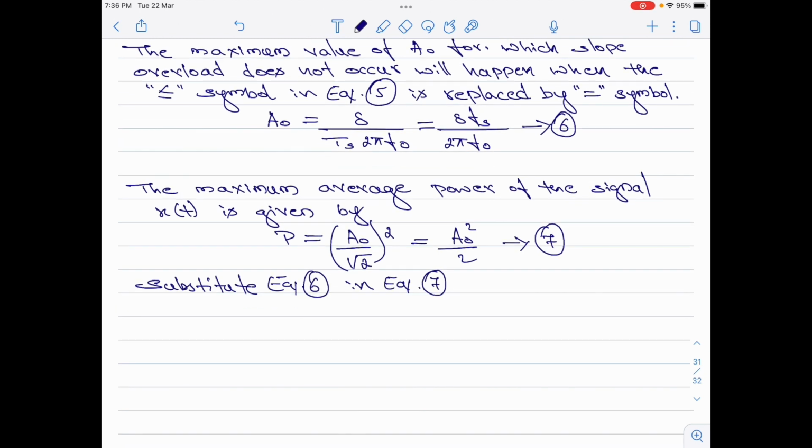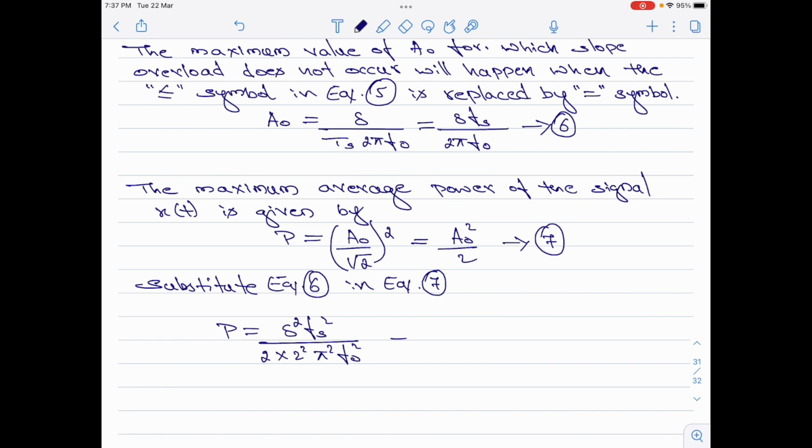So, we will get the signal power equal to a naught square, taking the RHS of equation 6. So, this would become delta square Fs square divided by, in the denominator we have a 2, multiplied by 2 square pi square f naught square.